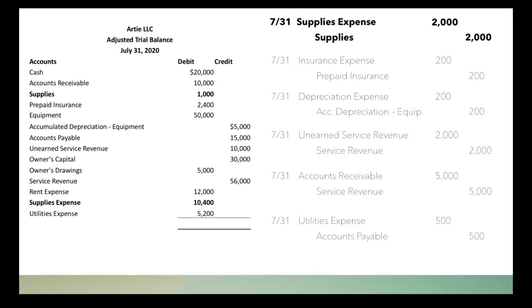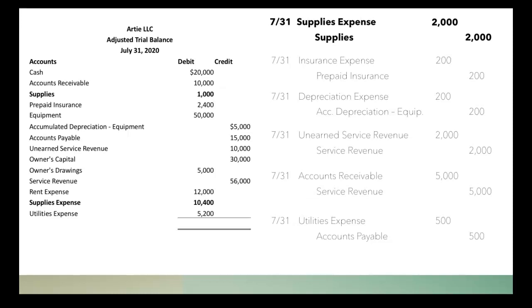Now, our next entry, insurance expense and prepaid insurance. Well, prepaid insurance, that's just going to decrease your prepaid insurance balance down by 200, right? It's going to go down to 2,200. But you'll notice insurance expense isn't located anywhere on this adjusted trial balance.